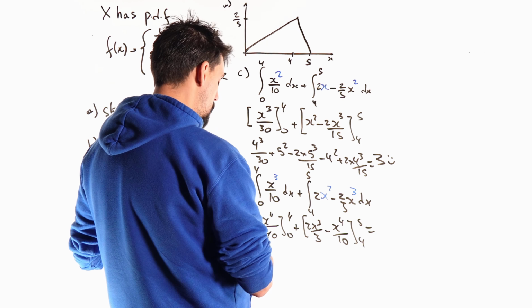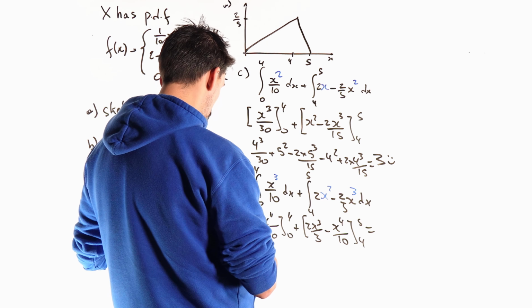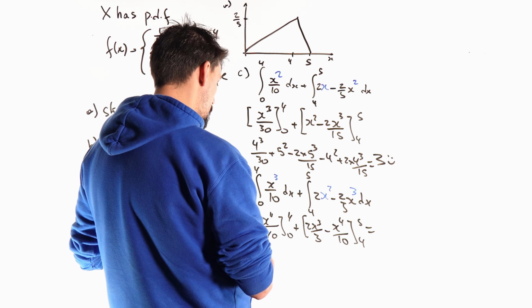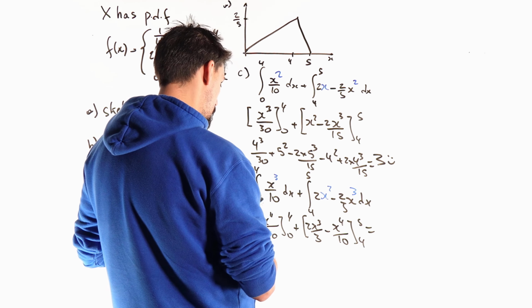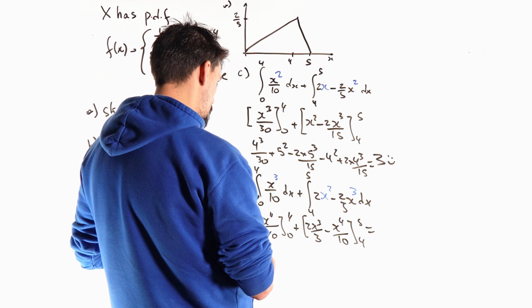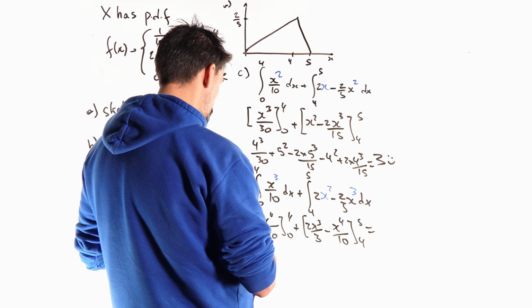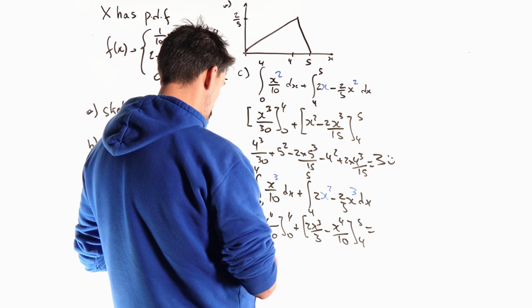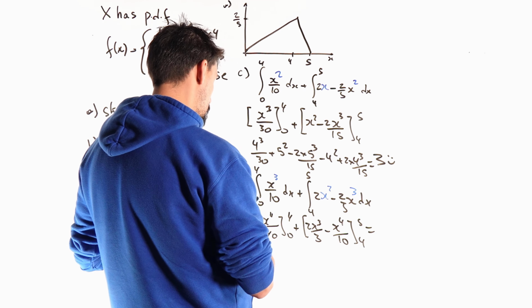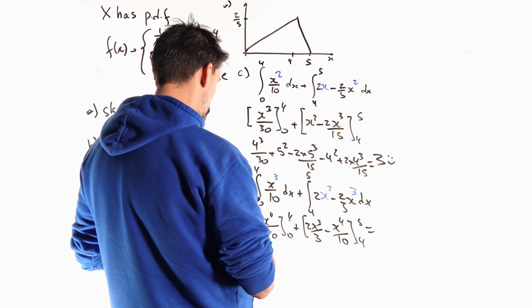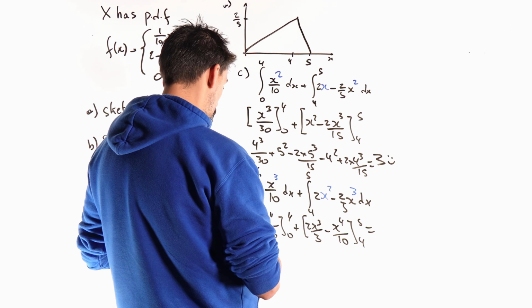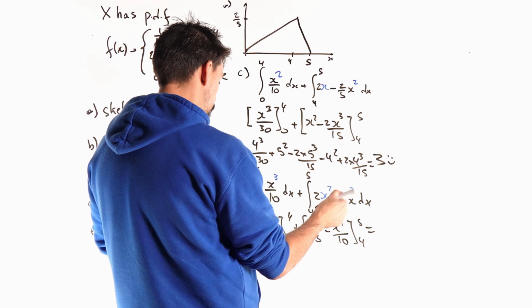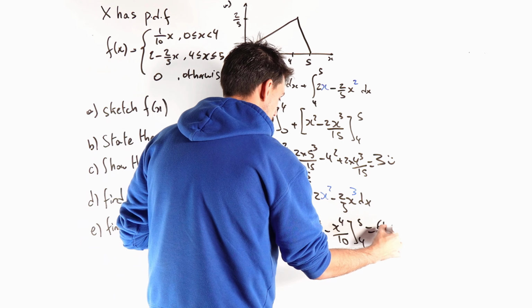Plus 5 cubed is 125, so 250 over 3, minus 625 over 10, minus 2 times 64, 128 over 3, plus 4 to the 4, which is 256 over 10. That's 61 over 6, apparently.